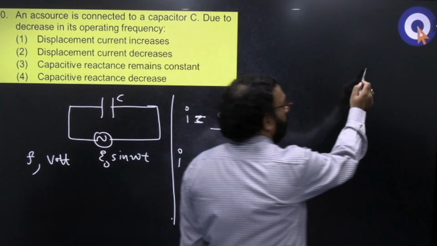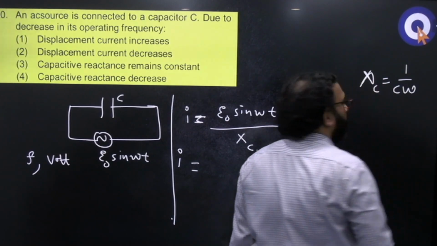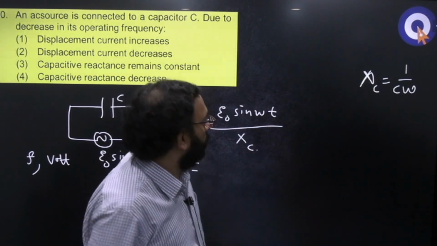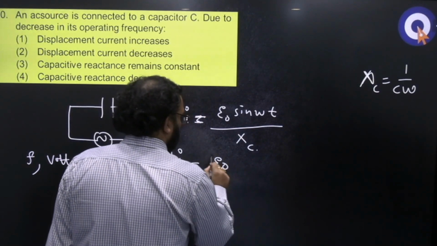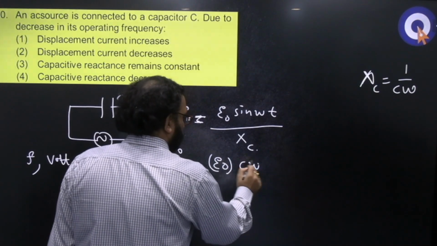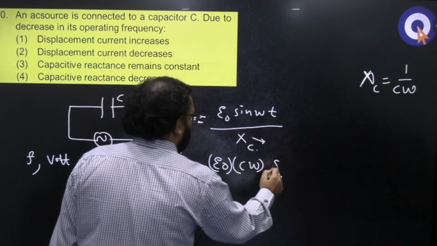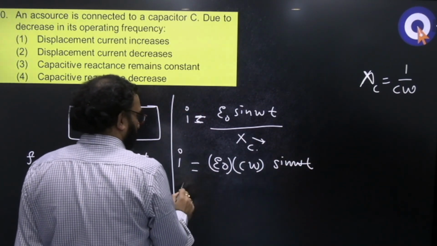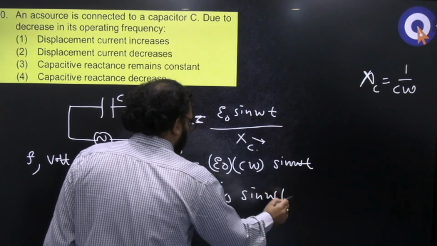Capacitive reactance means the resistance offered by a capacitor to the flow of AC current. So XC is 1 by C omega, and this is in the form of I is equal to I naught sin omega t.